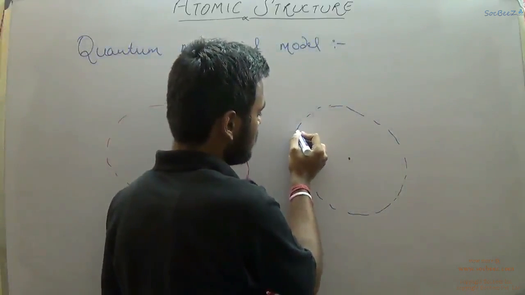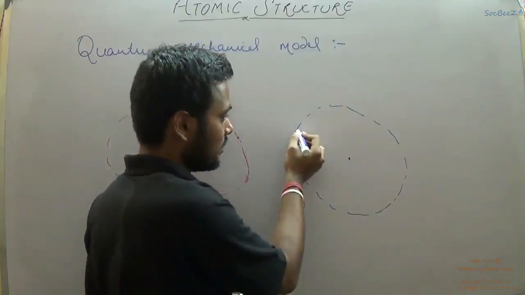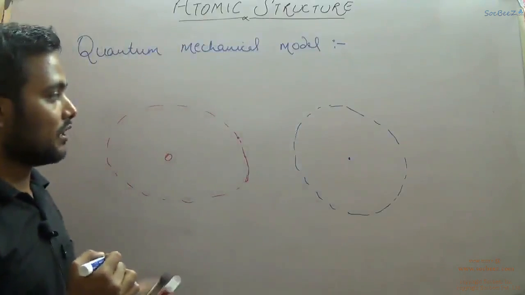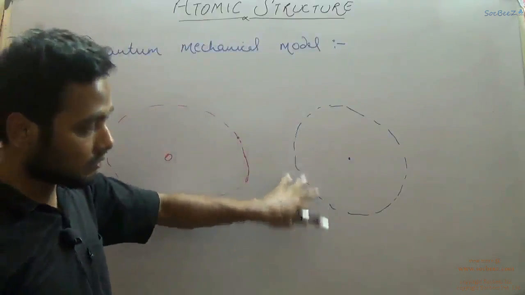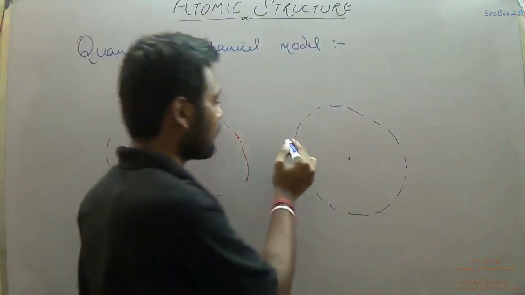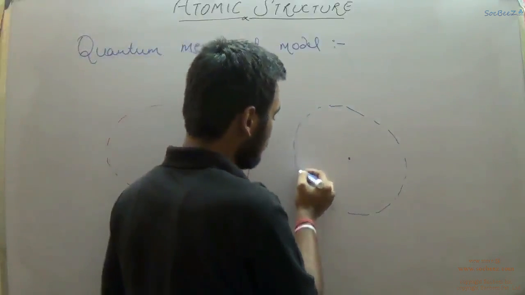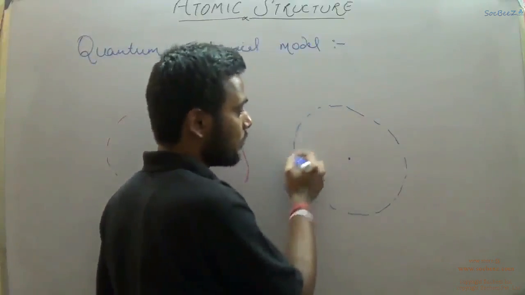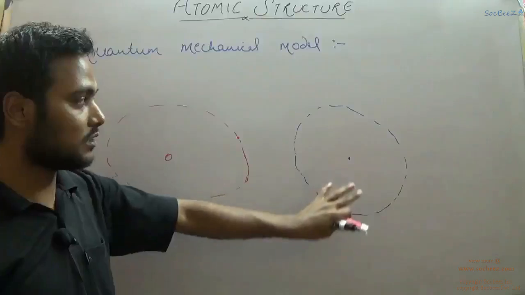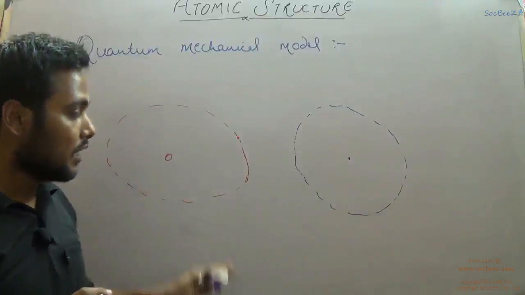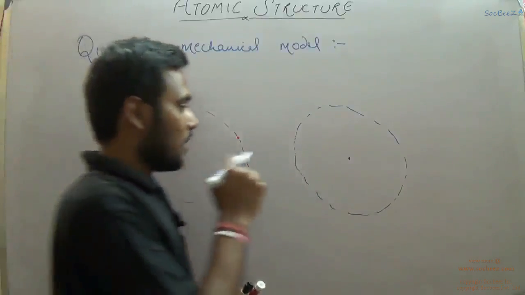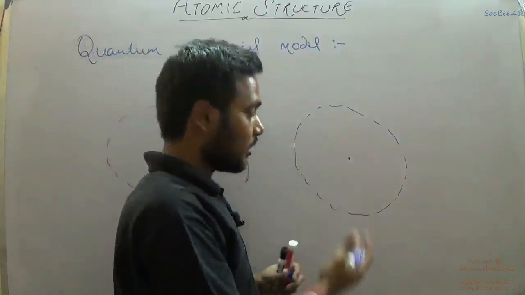This is not a defined orbit. It is not that the electron exists in this particular trajectory, but we call the splitting of this orbit orbitals. We will study in detail what an orbital is, but still I want to make you understand through various experiments and of course the solution of Schrodinger equations.